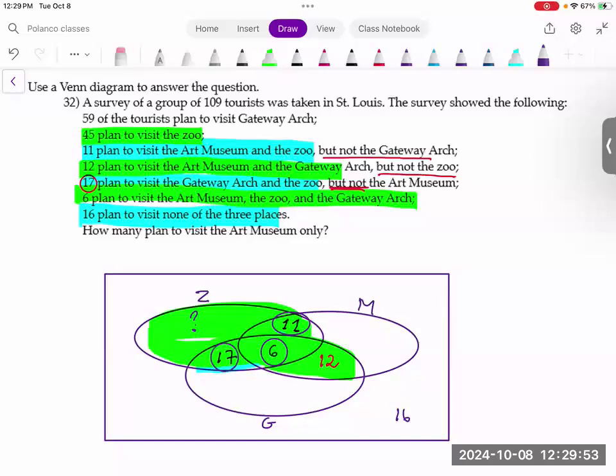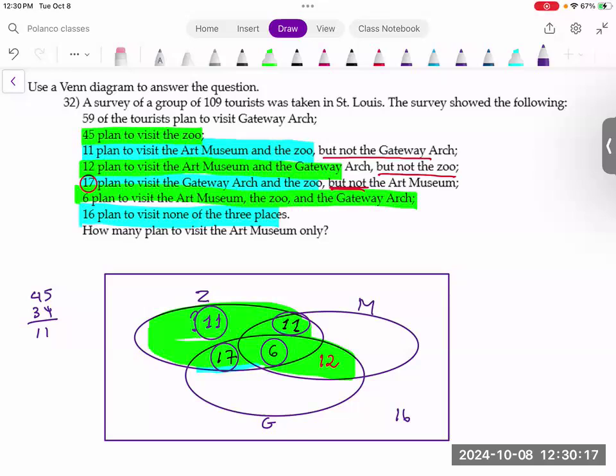If I add them up together, it's gonna be 34. 45 minus 34, that's going to be 11. So this, whatever I didn't know, 11, technically, they're going to visit the zoo only.